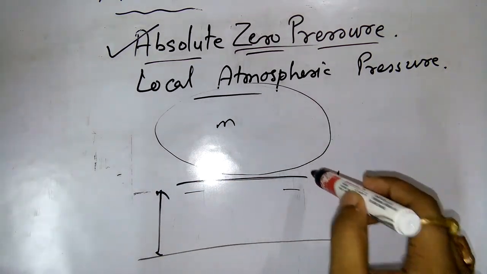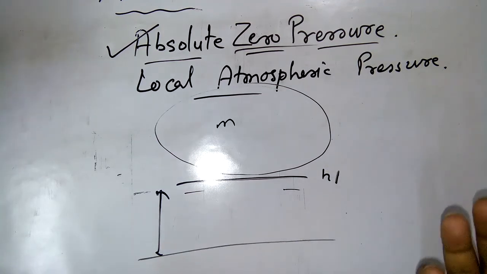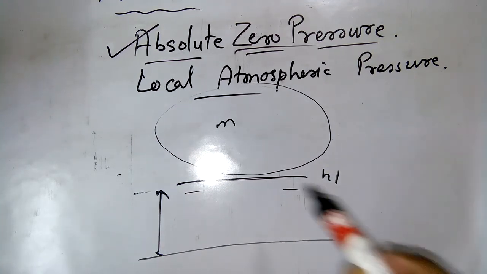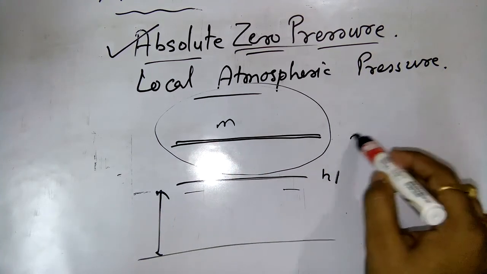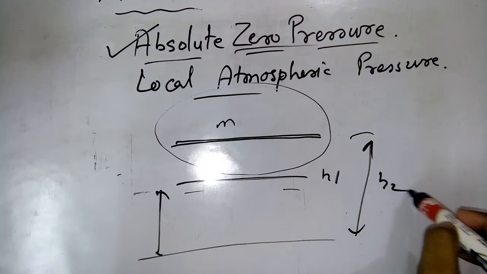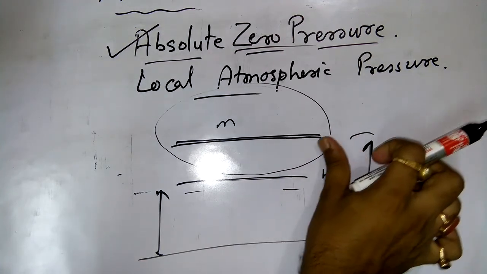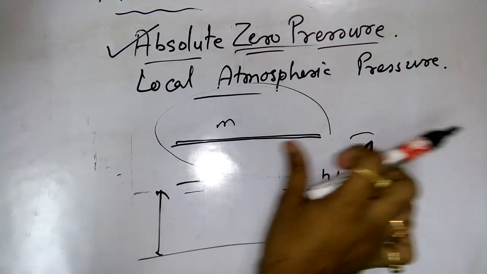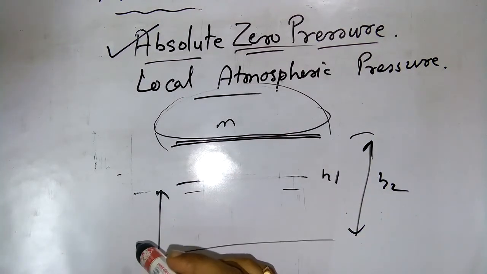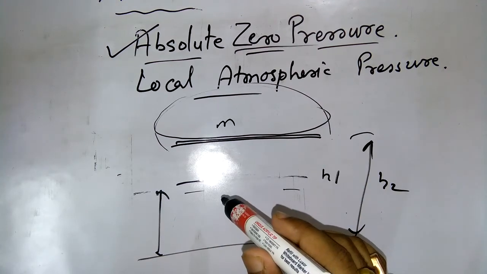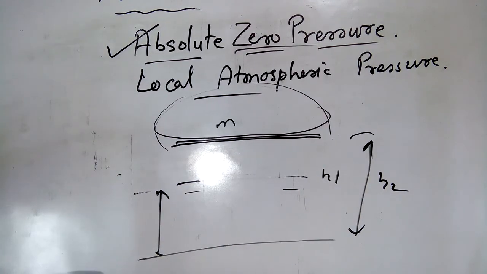Due to that it is exerting some pressure, and that is what I am calling local atmospheric pressure. Now if my altitude increases, suppose now I am here at a height h2 from ground level, then the amount of mass of air above me decreases. Yes or no? That's why pressure decreases. So it is very simple to understand that with increase in altitude, the local atmospheric pressure goes on decreasing.